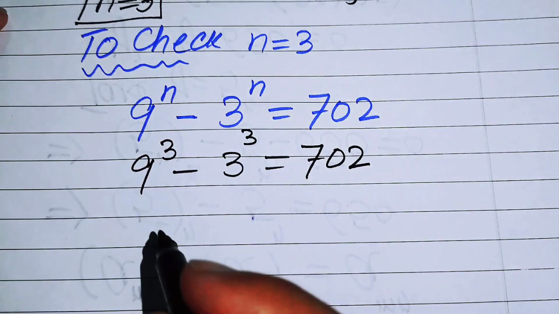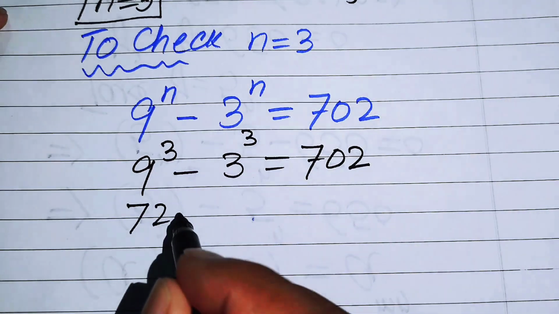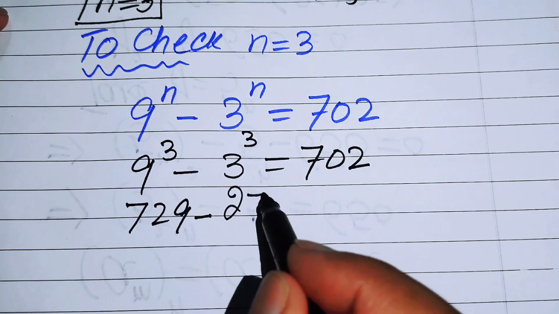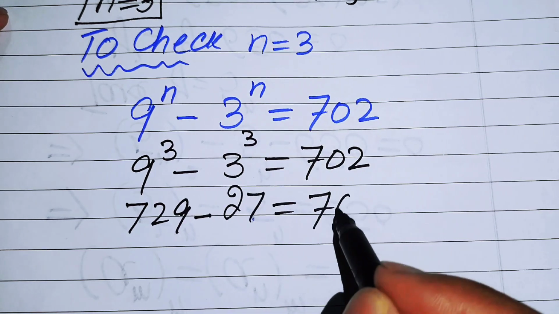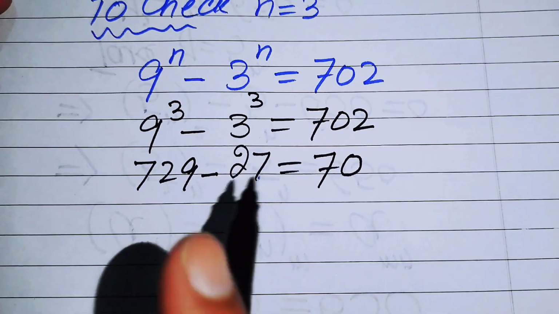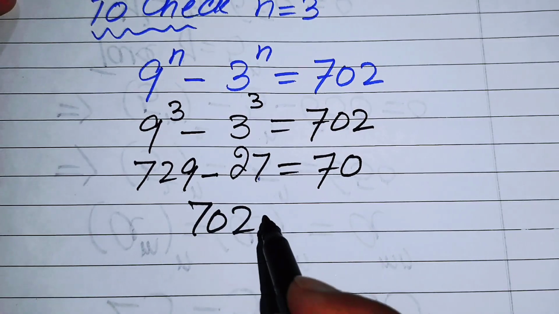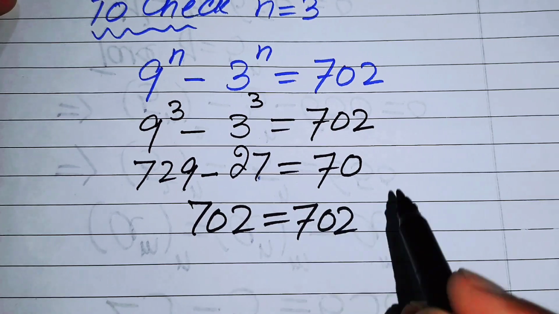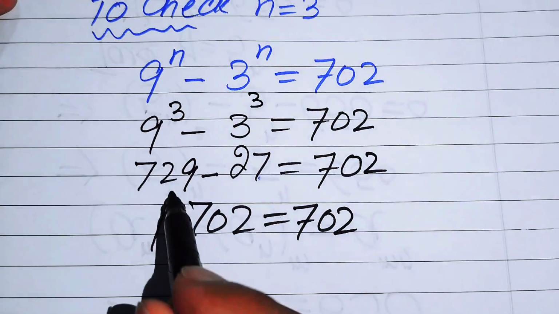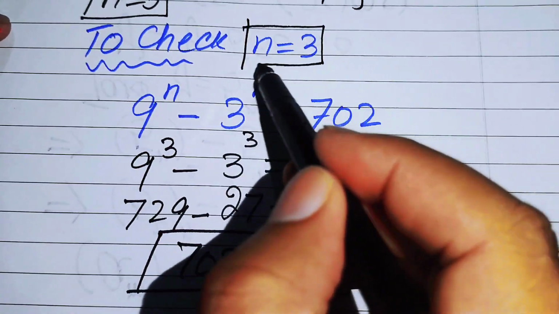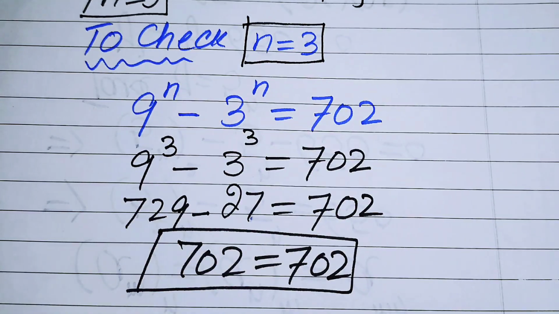So 9 to the power of 3 is equal to 729, and 3 to the power of 3 is equal to 27, and when you subtract these two, you get 702 is equal to 702. So this shows that n is equal to 3 is the only solution of the given equation.